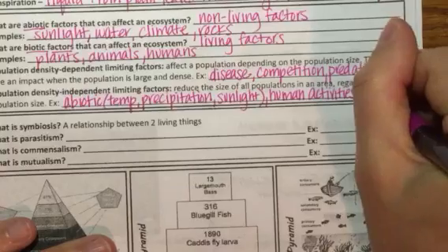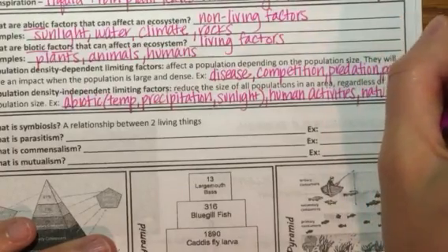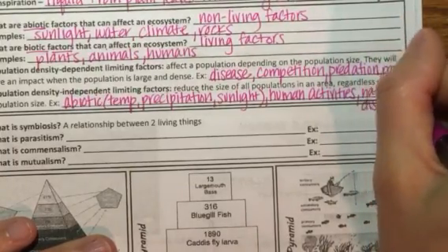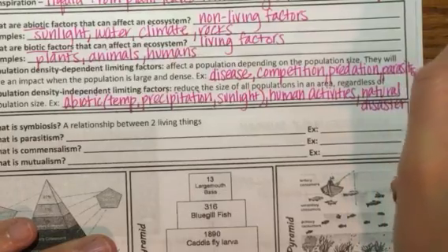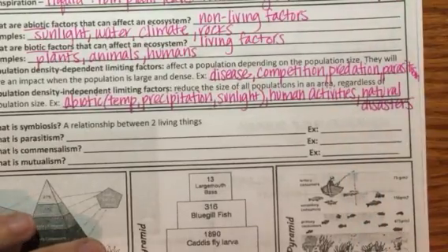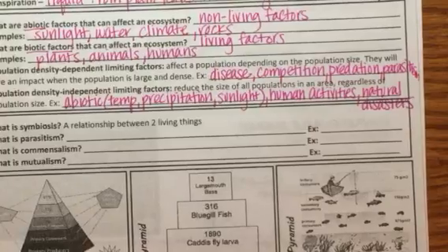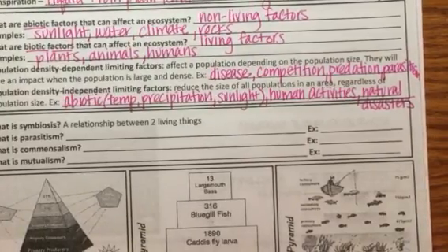All right, and then natural disasters. Natural disasters can definitely affect populations of living things, no matter how big the population.